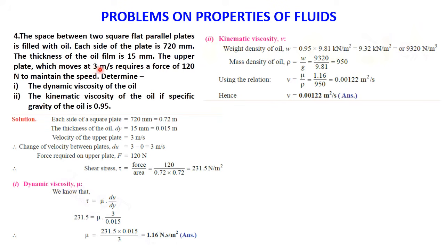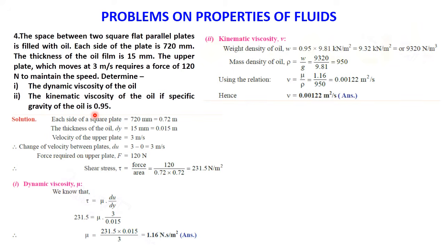The thickness of the oil film is 15 mm. The upper plate, which moves at 3 meters per second, requires a force of 120 Newton to maintain the speed. Determine the dynamic viscosity of the oil, and second, the kinematic viscosity of the oil if the specific gravity of the oil is 0.95.